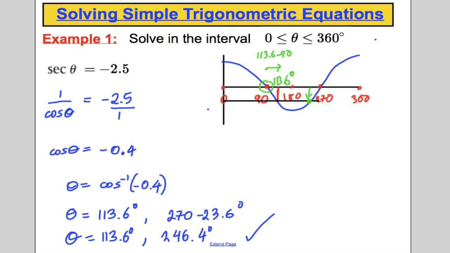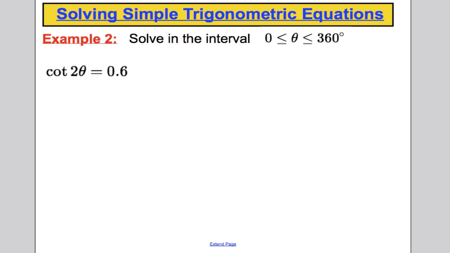Okay, next example, example 2, solving in the interval 0 to 360 the following. What I'm going to do is find what 2 theta is. Firstly, this is defined as 1 over tan of 2 theta, which is equal to 0.6 over 1, let's say.